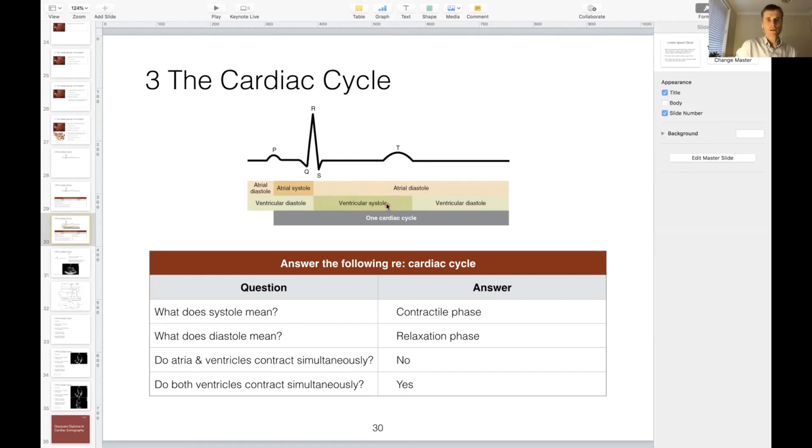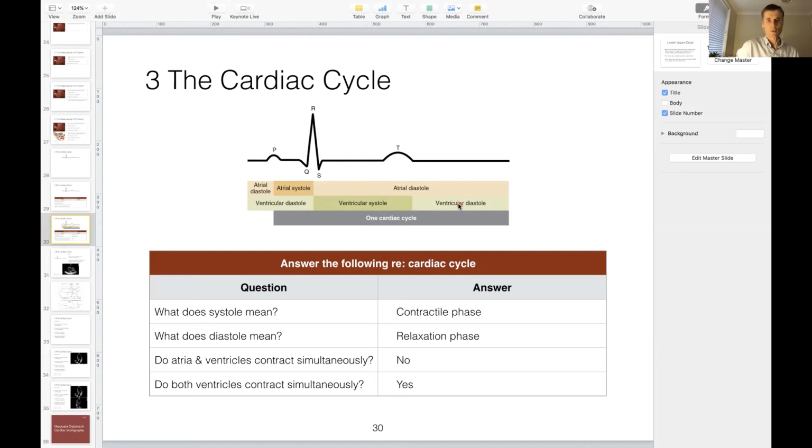The ventricular systole, which is initiated by the movement of ions and electrical signal on the ECG shown by the QRS complex, occurs just after that. The mechanical motion of the heart occurs just after that, and again, a little bit like the atria, for the majority of the cardiac cycle the ventricles are relaxing.